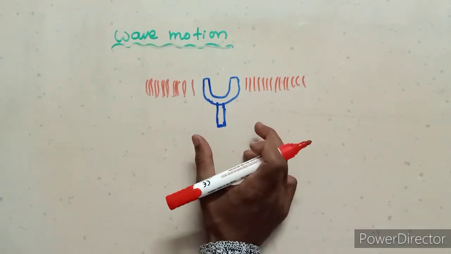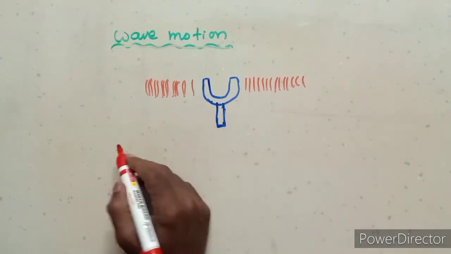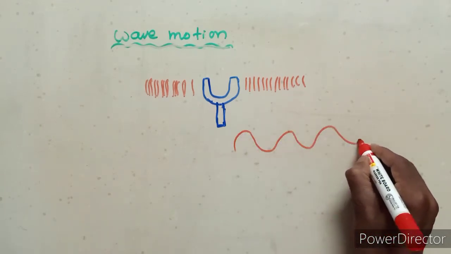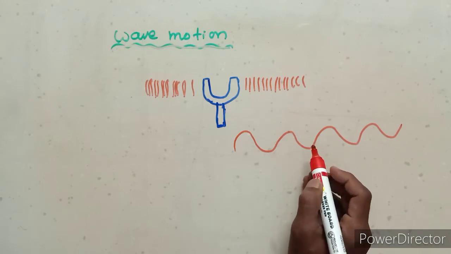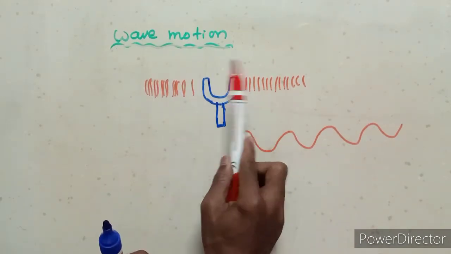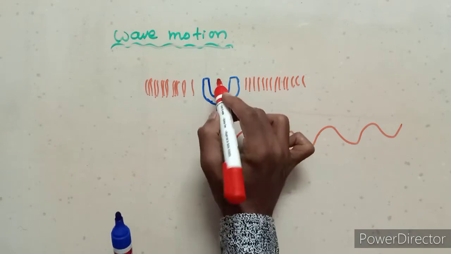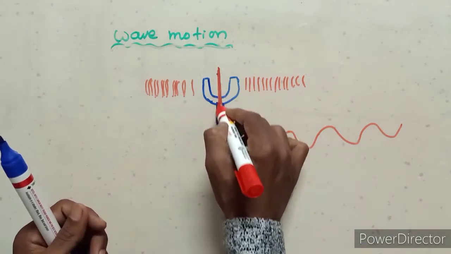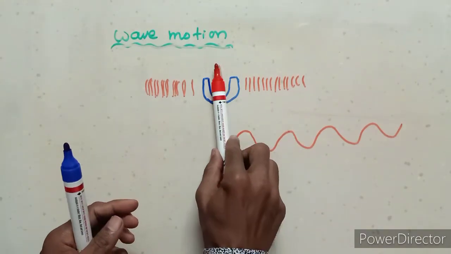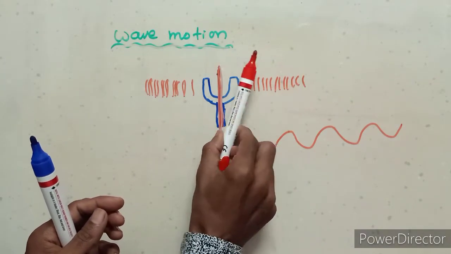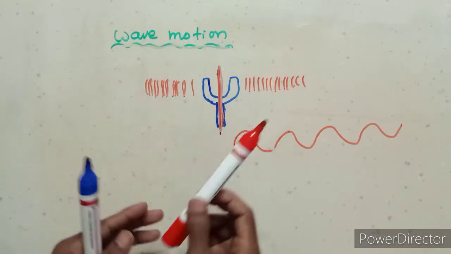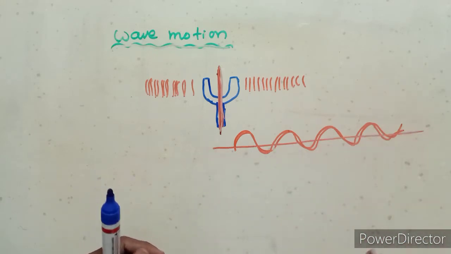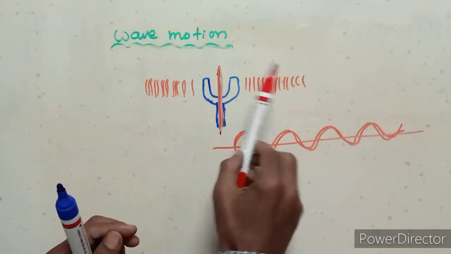The particles of the medium move up and down, as in the water, and also left and right, about their equilibrium position. This is the equilibrium position, the mean position.